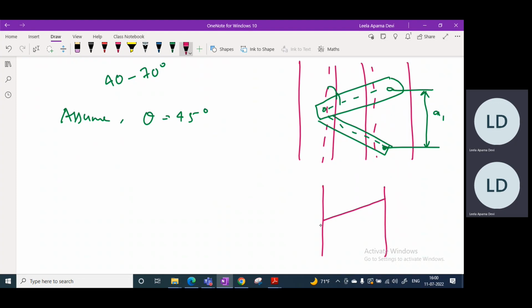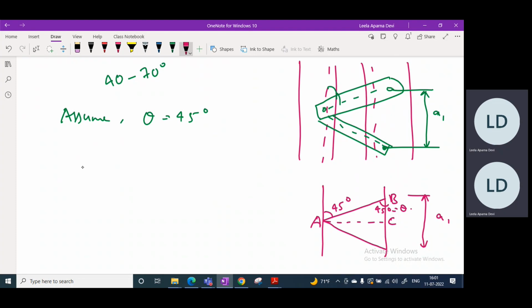As this is one lacing and this is another lacing, I'm naming these joints A, B, C. Now the angle here is 45 degrees and also here is 45 degrees. That means this is theta. So from this diagram, this distance is A1. So we need to calculate the distance between two lacings, how much the distance will be kept.